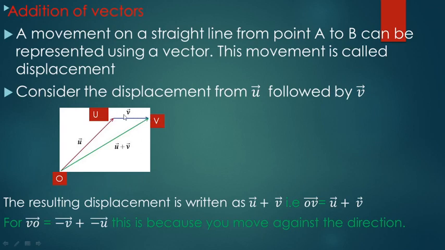It will be negative V, plus, and this one, the direction is that way, so you go against the direction, plus negative U vector. It will be negative V vector plus negative U vector, because you've gone against the direction.